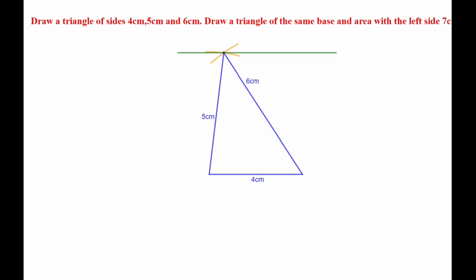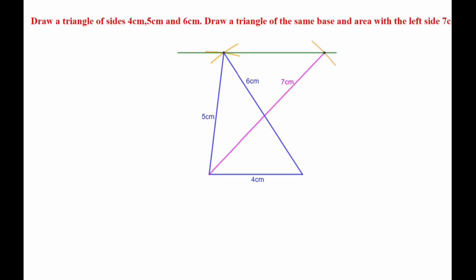Now take 7 cm in the compass and put the compass at the left end of the base. Now draw an arc to meet the parallel line like this. Now mark the point of intersection, join it. The length of this line is 7 cm.